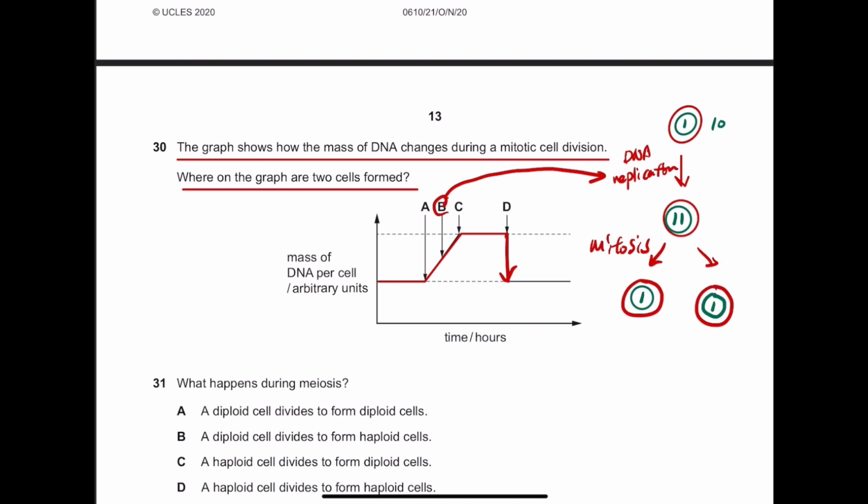But let's say it's 10 milligram, okay? It becomes 20 milligram and then 10 per cell. So this is 10 and that's 20 and then it becomes 10 again. That's when the mitosis happens. So D is the right answer for this.